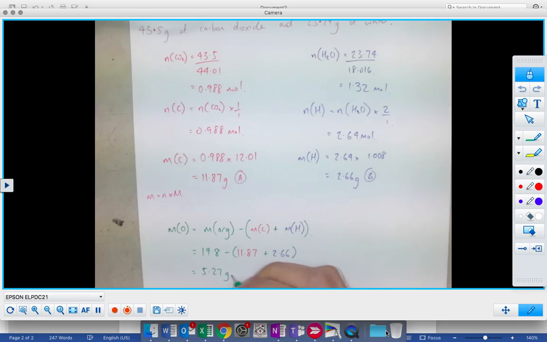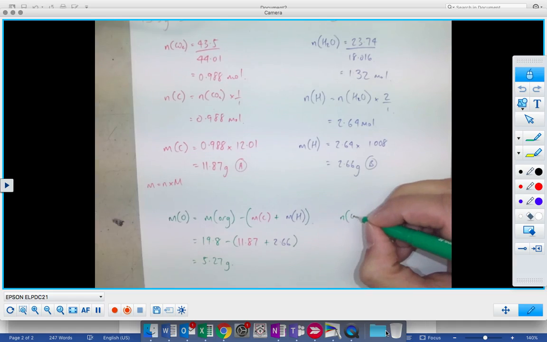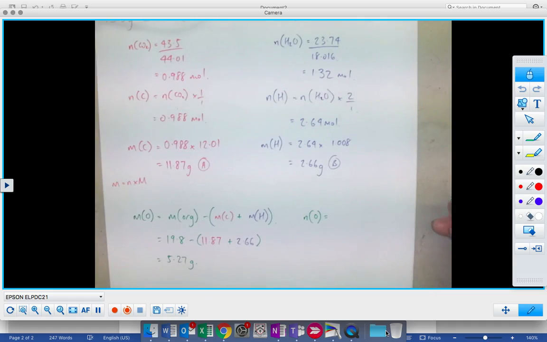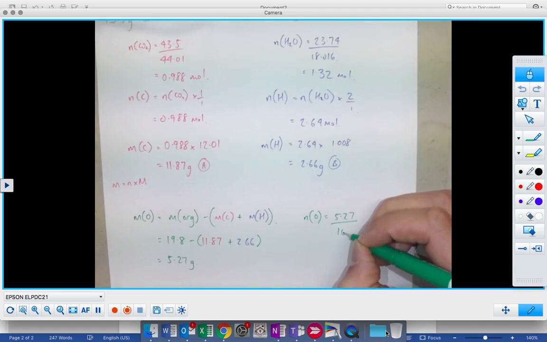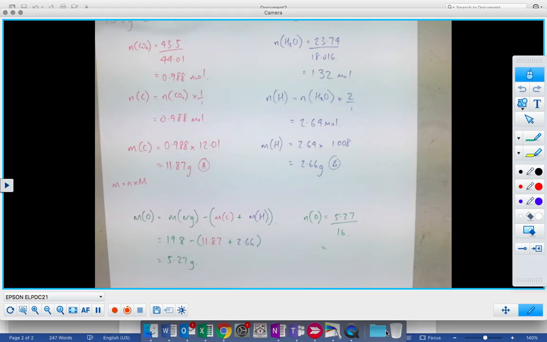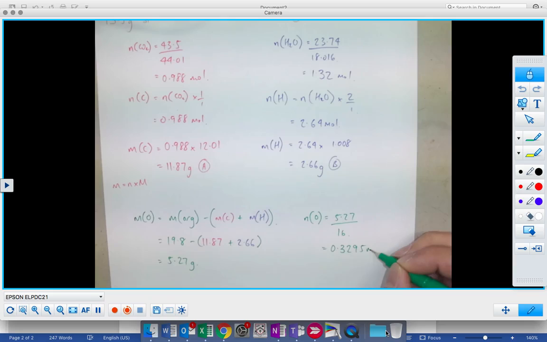5.27 grams of oxygen. I can then work out the number of moles of oxygen as 5.27 over 16, and I get 0.3295 mole. Right?